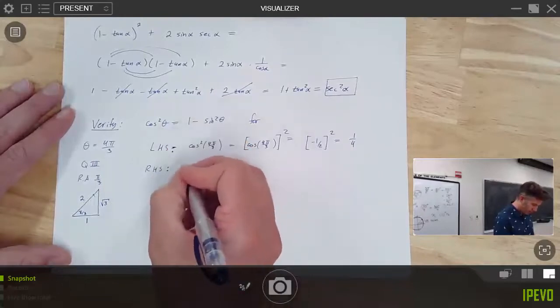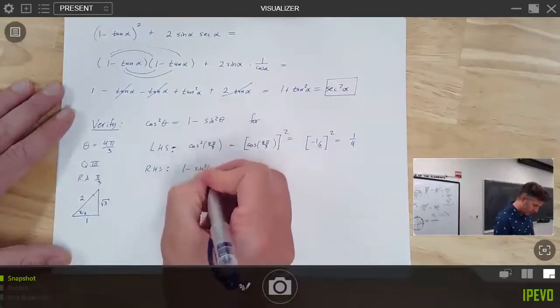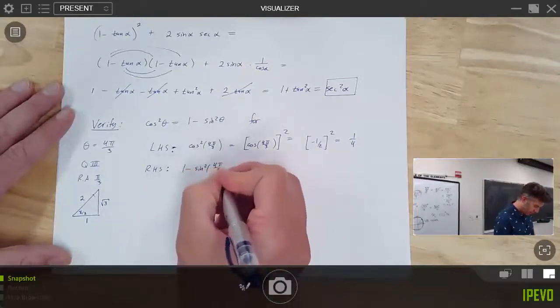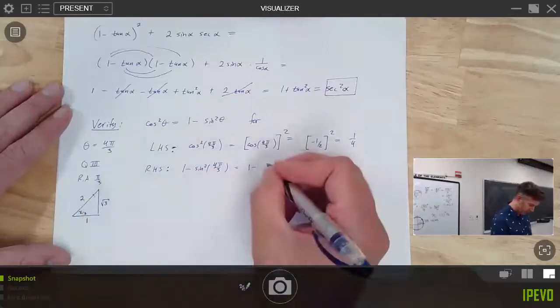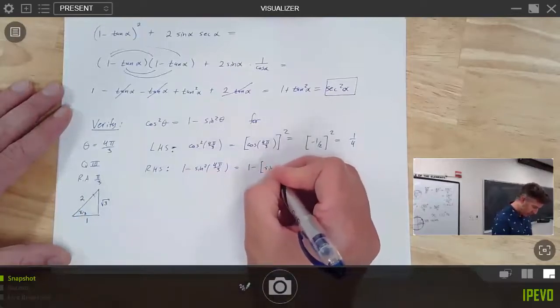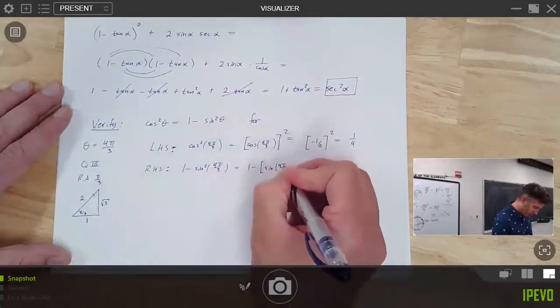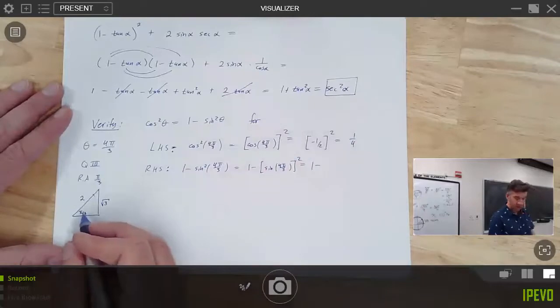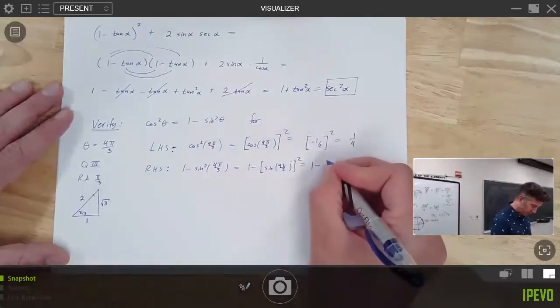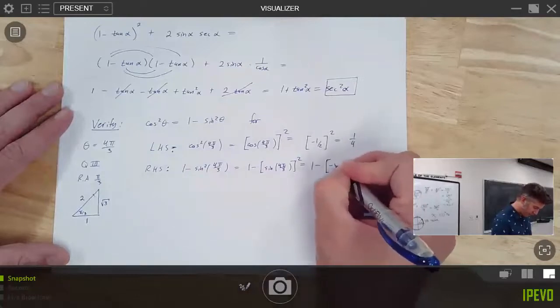Then the right-hand side, 1 minus sine squared of 4 pi over 3, is 1 minus sine of 4 pi over 3, quantity squared. Sine of pi over 3 is root 3 over 2, so sine of 4 pi over 3 is negative root 3 over 2.